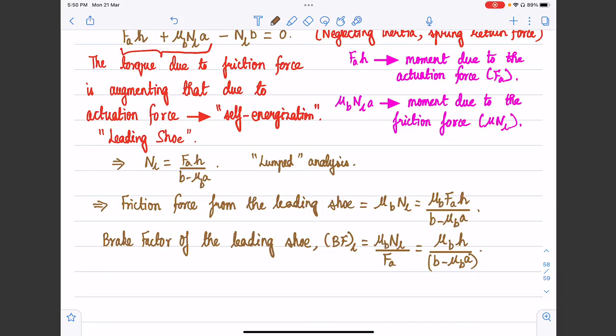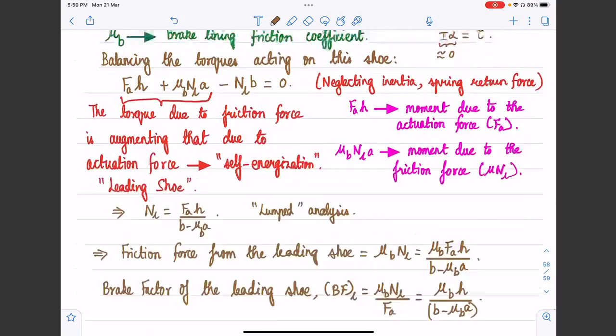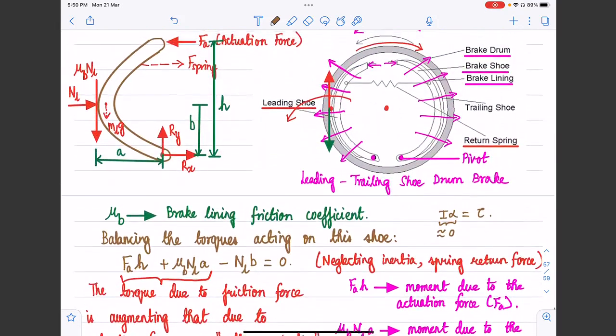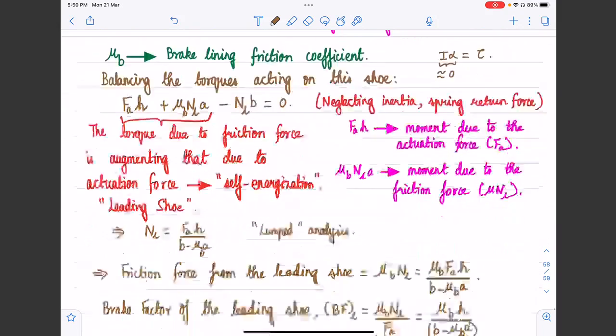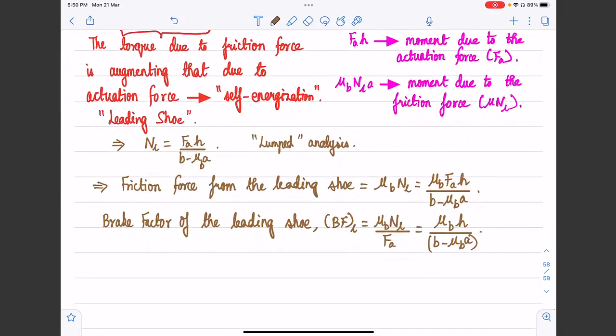So I will leave this exercise to you. Try out a similar analysis for the so-called trailing shoe, as indicated in this figure. Draw the free body diagram, mark similar forces, and write similar equations to get an expression for the force output from the trailing shoe and the brake factor of the trailing shoe.